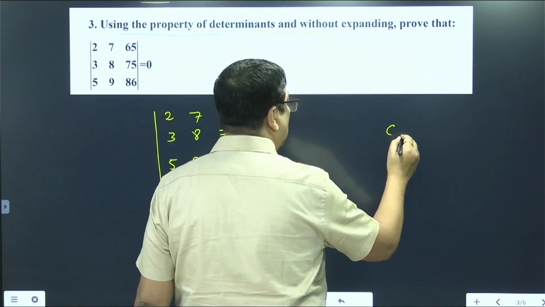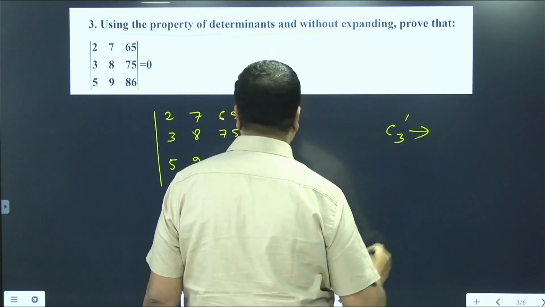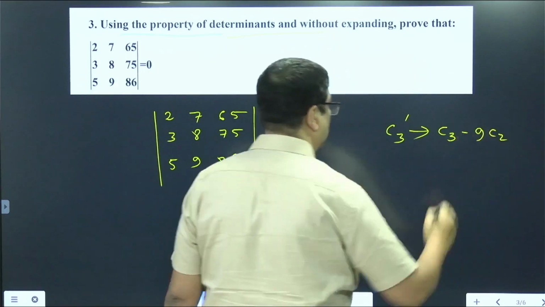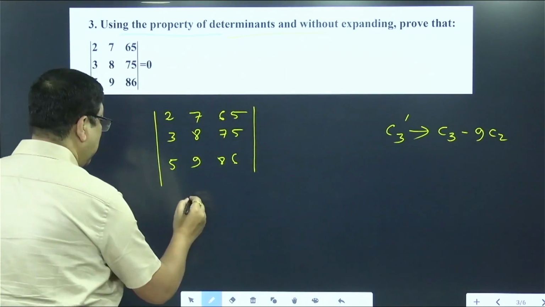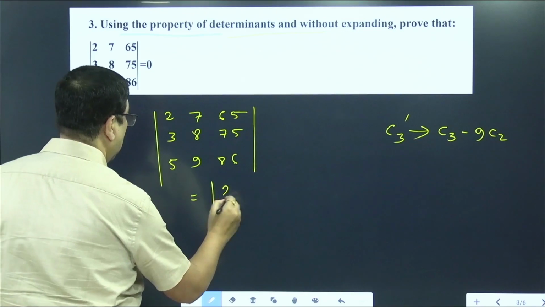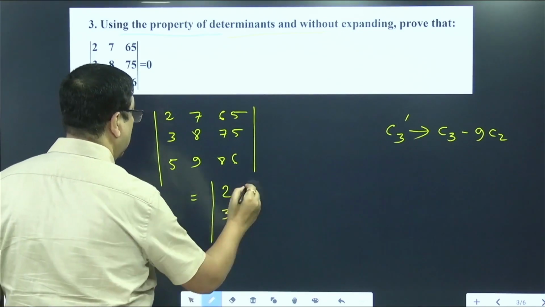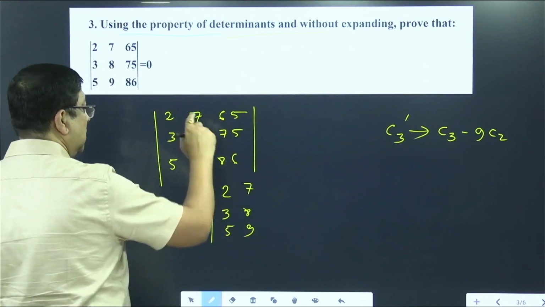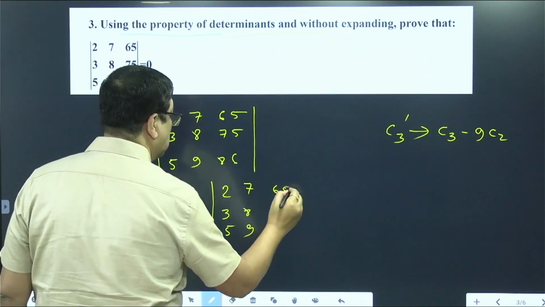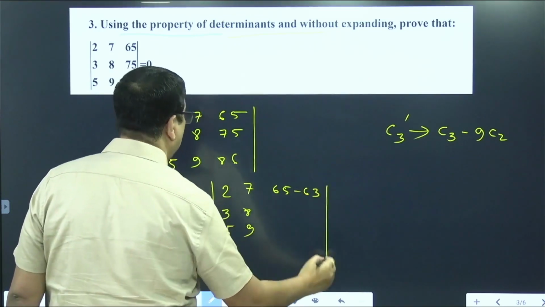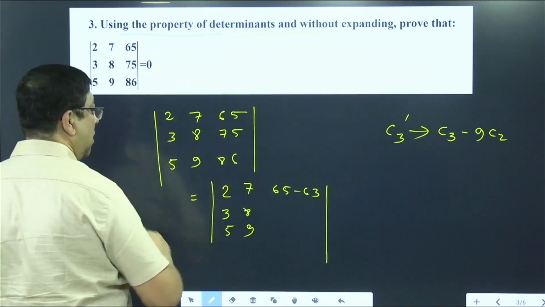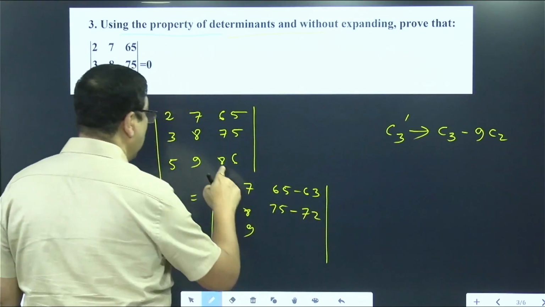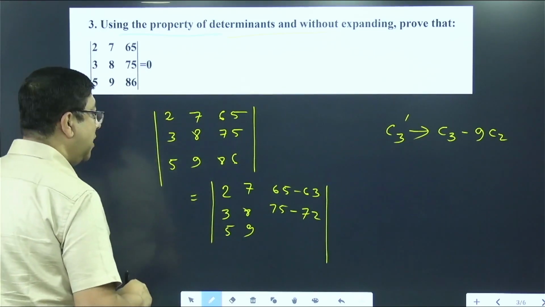On C3, let us make one operation, that is C3 minus 9 C2. If we make this operation, we get here 2, 3, 5; 7, 8, 9; and 65 minus 63, 75 minus 72 since 8 nines are 72, and 86 minus 81 since 9 nines are 81.